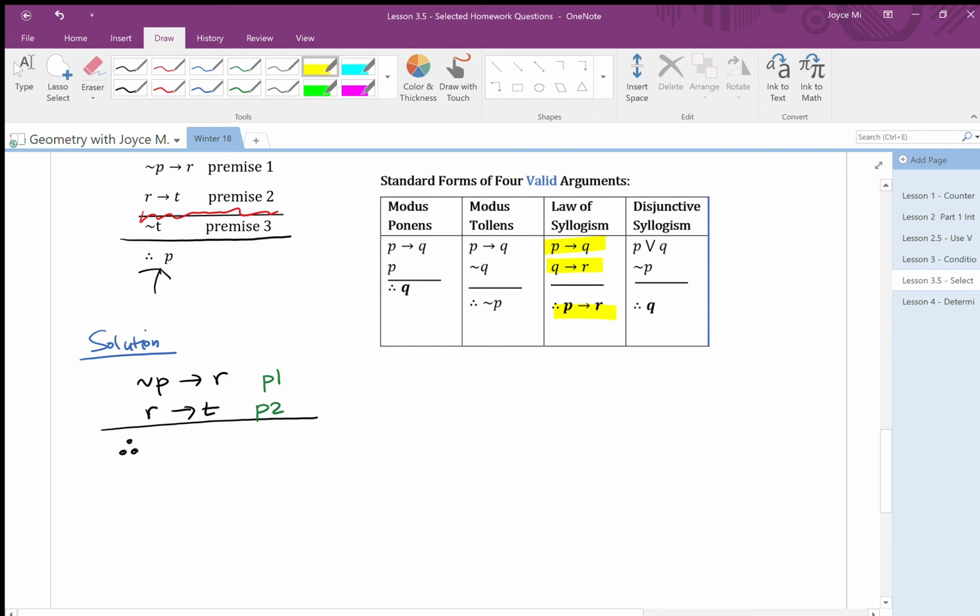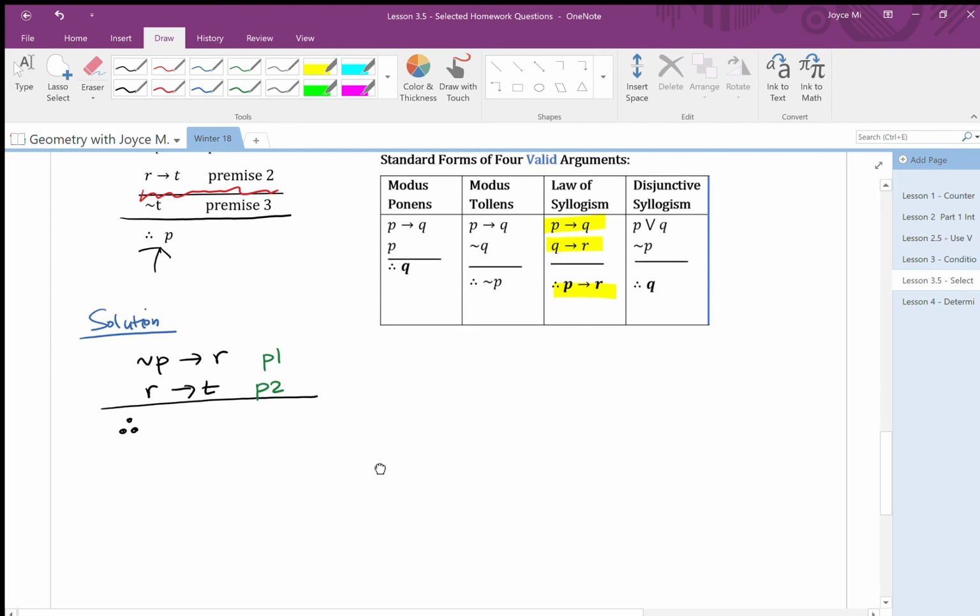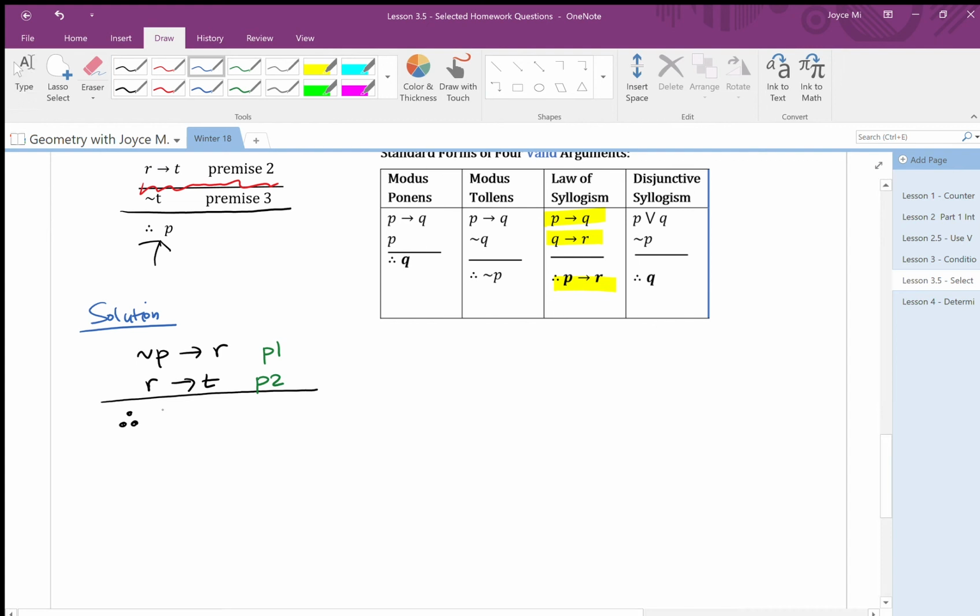Therefore, for the conclusion, I could say negation of P goes to T. Let me write it better. Again, this is a conditional statement, and this is true by the law of syllogism. So I'm going to write my reason: this is true by law of syllogism.